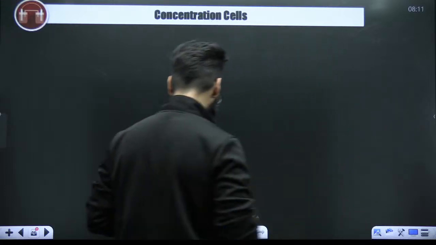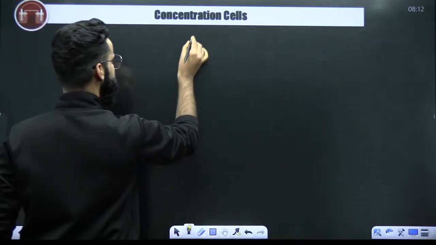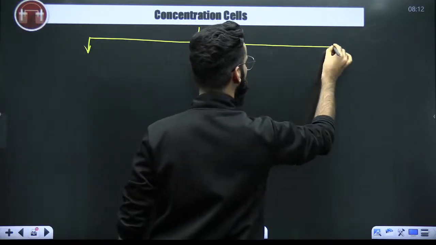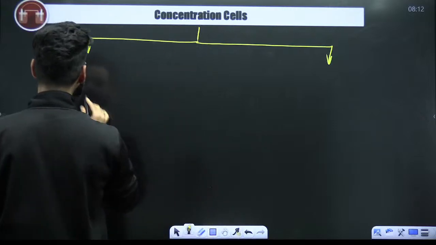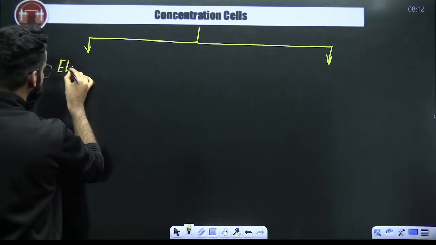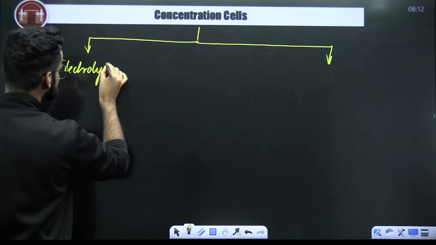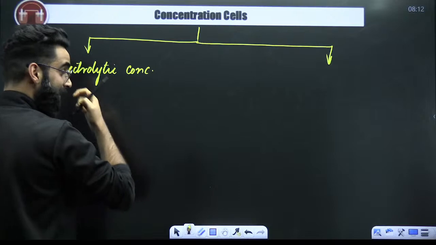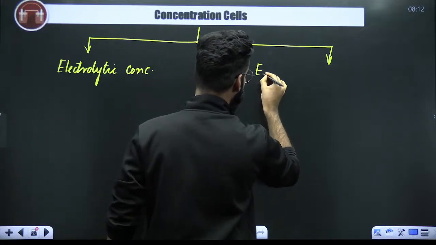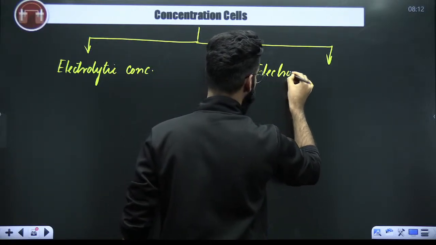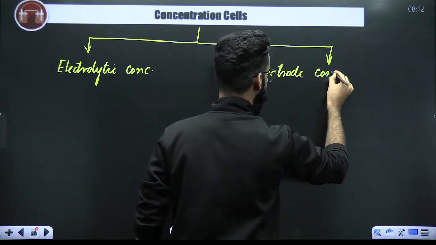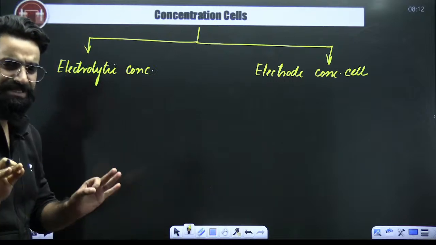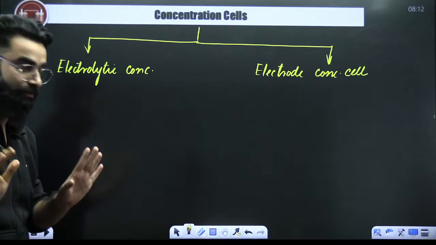In order to understand these concentration cells in detail, we divide them into two categories. One is the electrolytic concentration cell, and the second one is the electrode concentration cell. Both these cells are to be discussed in detail, but right now I'm just giving you the idea of a few things which you are going to remember.